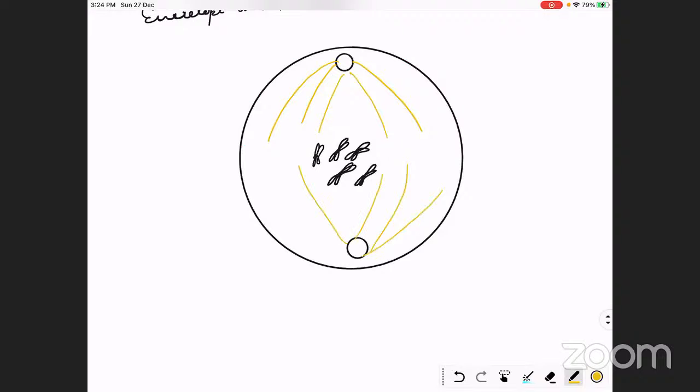They are the spindle fibers, formed by the tubulin protein. So you will have the spindle fibers at the end of prophase, and these spindle fibers attach to the chromosome.